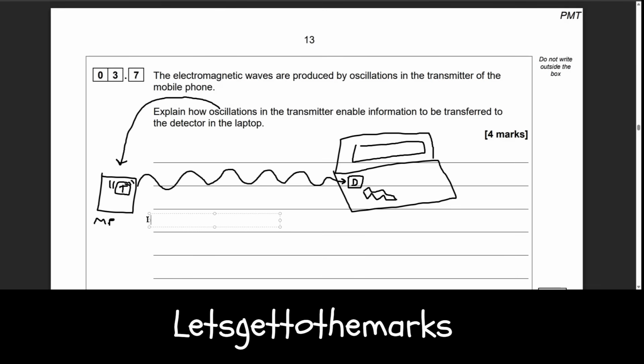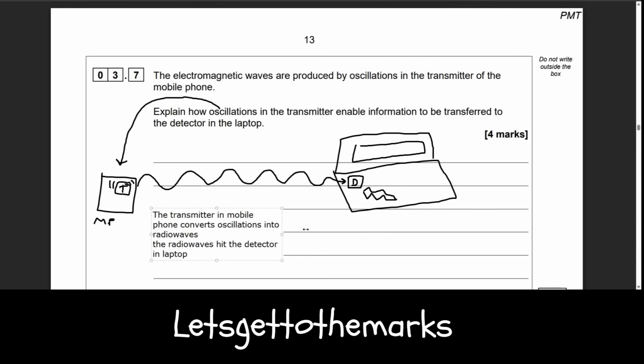So we're going to say the transmitter in the mobile phone converts oscillations into radio waves. The radio waves hit the detector in the laptop.